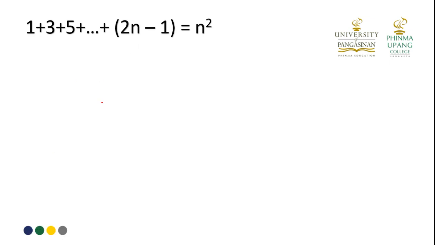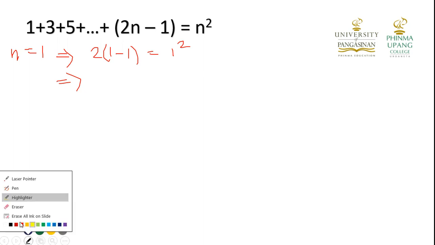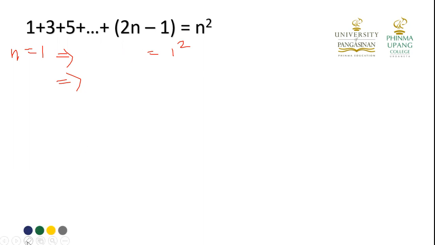So, kasi magdo-12 na, we have 12 minutes, matatapos natin to. Ay, sorry. N is equal to 1. So, yung 2n na yan, palitan na natin ng 2 times 1 minus 1 is equal to 1 squared. So, check nyo nga kung parehas. What is 2 times 1 minus 1? Wait, parang mali yung nasa loob. Hindi siya multiplication.